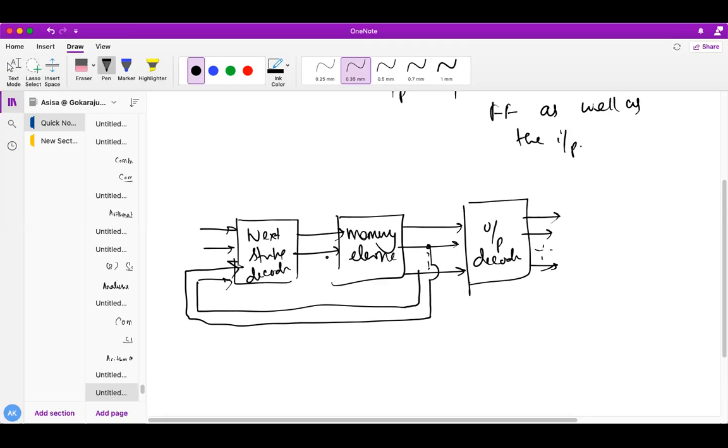So this is the way we have discussed it. This is called the Moore circuit. In the Moore circuit, the outputs of the circuit depend only on the present state of the flip flop.